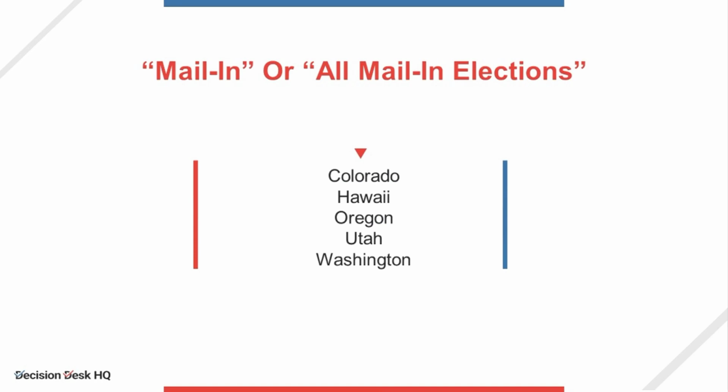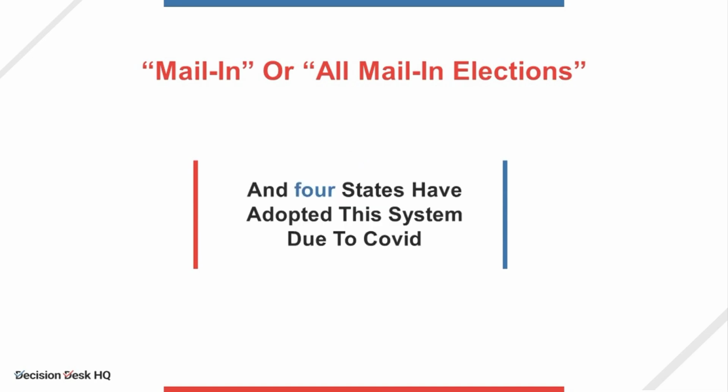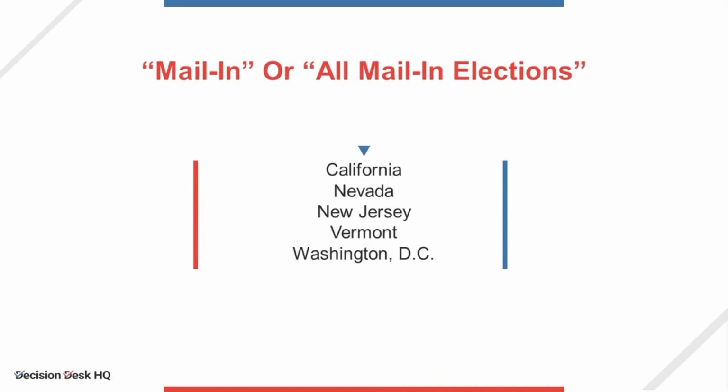Those are Colorado, Hawaii, Oregon, Utah, and Washington. Since COVID has come along and people are more interested in mail-in voting, 4 additional states have said they are going to go to all mail-in voting and will be sending out ballots automatically. Those 4 states are California, Nevada, New Jersey, and Vermont. And again, the District of Columbia is also doing this for the first time this year.